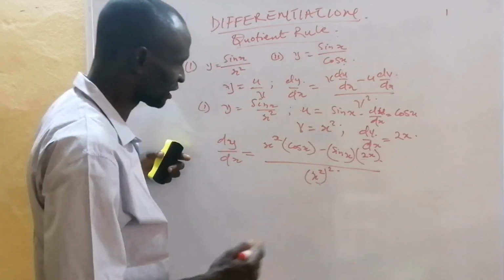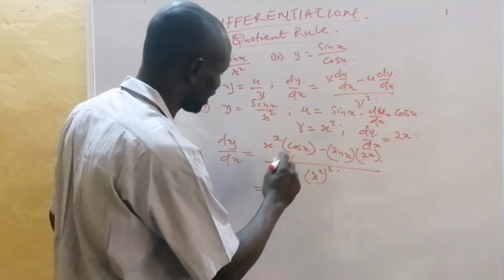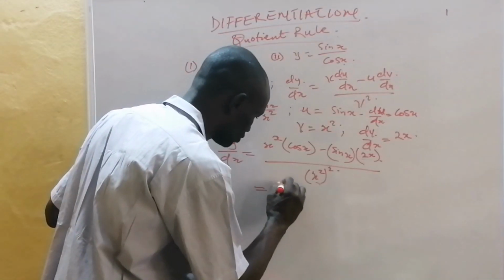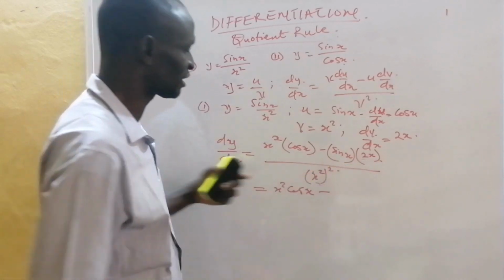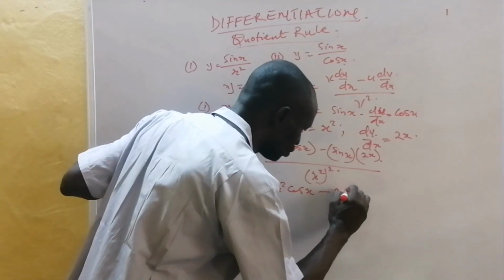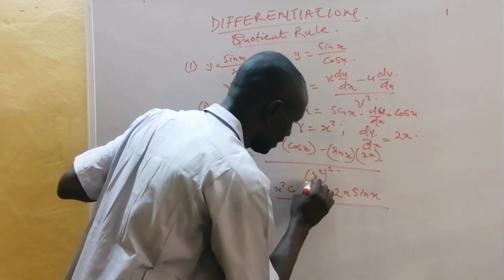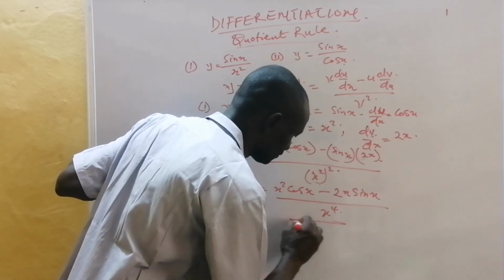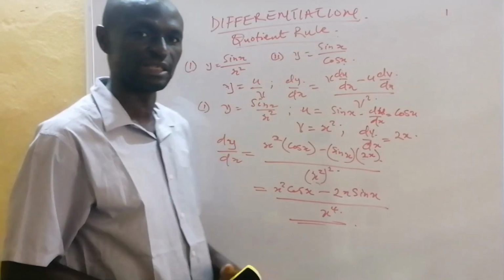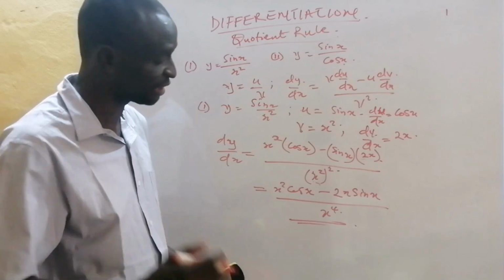Now, let's open up this expression. You see that this expression becomes x squared cos x minus 2x sine x over x squared all squared, that's x raised to power 4. Now I can still simplify this if I desire to, but for the sake of records, let's simplify it.